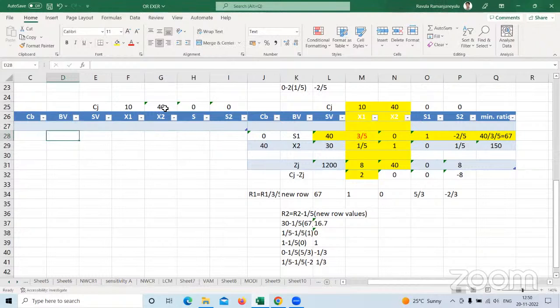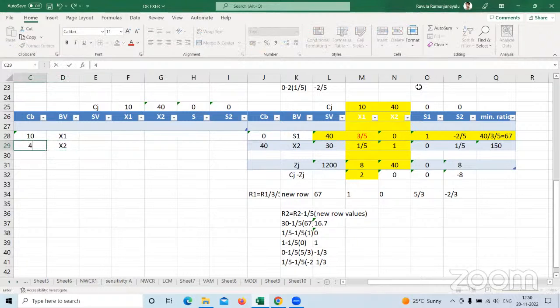So in the place of S1, we need to consider X1, and the coefficient becomes 10. And the next one is X2, already we have, we can't change that one, 40. So first we'll write the new values of the new row only, that is the row where we got a key element.